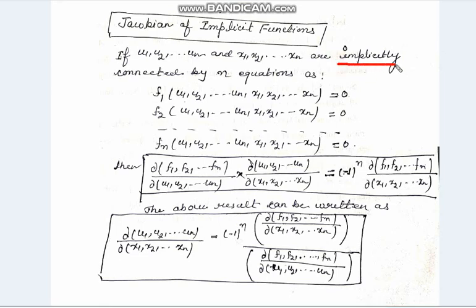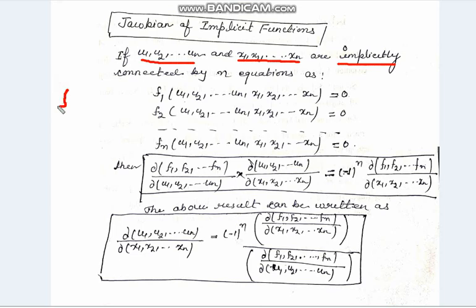Implicit means a function is said to be implicit if we cannot express any variable u1 up to un and x1, x2 up to xn in terms of other variables. Such types of equations are called implicit equations.